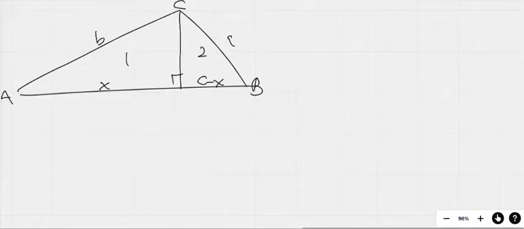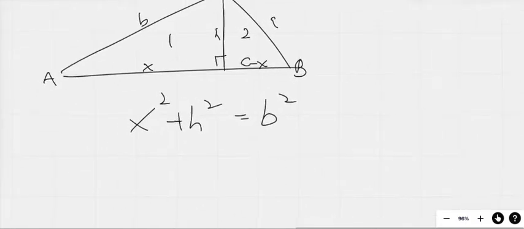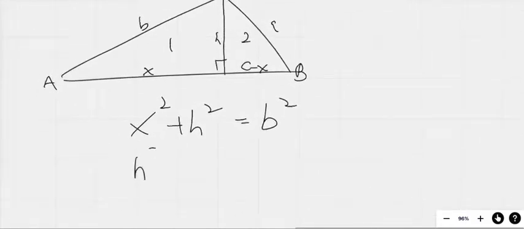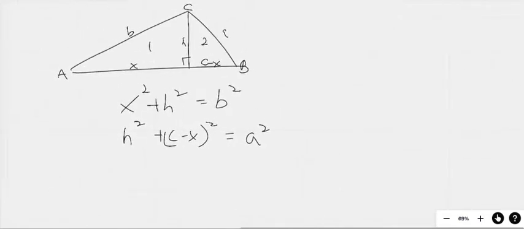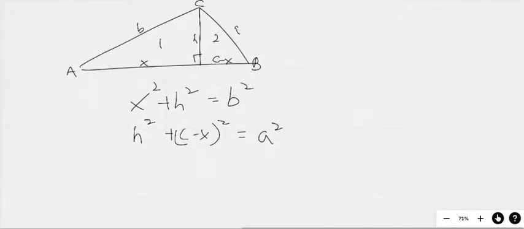On the 1, we can write an equation saying that x squared plus h squared is equal to b squared. And on the other side, h squared plus (c minus x) squared is equal to a squared. So with these equations, we see that there's h squared, and we can do substitution. h squared is equal to b squared minus x squared.